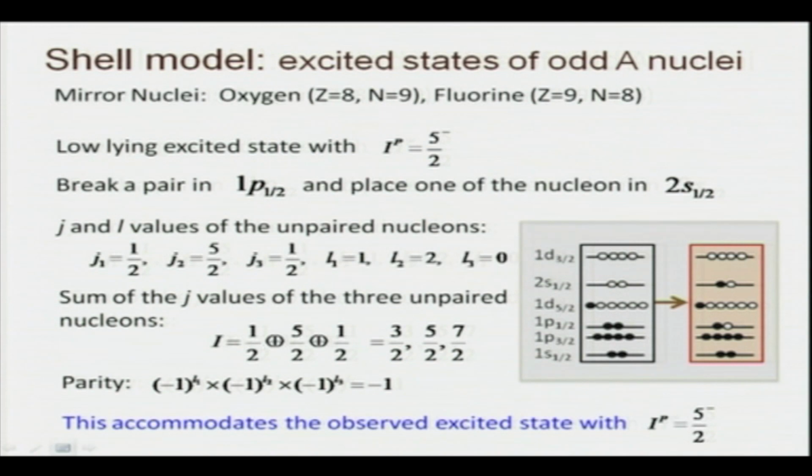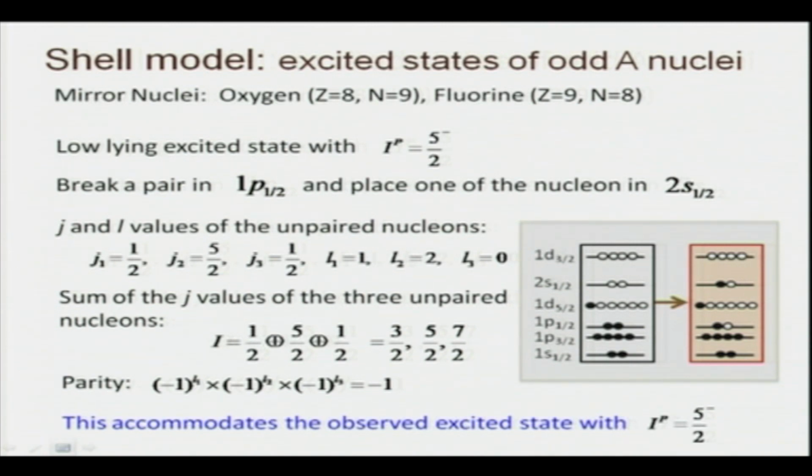L values are L1 equal to 1, L2 equal to 2, the d state, and L3 equal to 0, the 2s state. So, according to the quantum mechanics angular momentum addition rules, the total angular momentum possible are 3/2, 5/2 and 7/2.